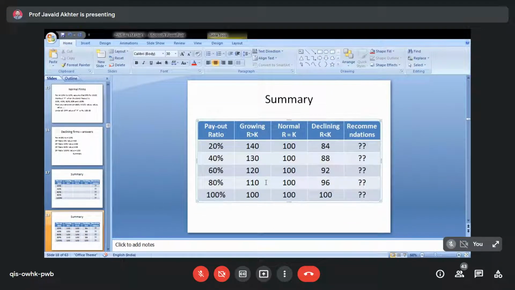There will be a category of shareholders who will be happy, because you have assumed an investor in a growing company. So there will be several people in a growing company who will be happy even if 0% dividend is paid. Why? Because this is their second source of income, number one.